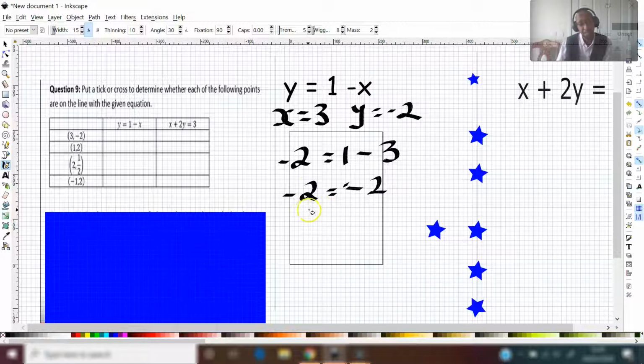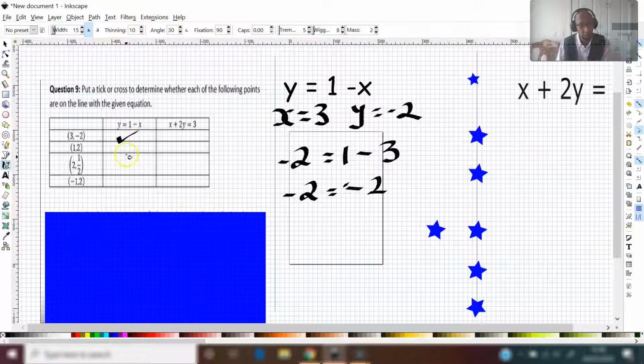So what's on the left hand side is the same as what's on the right hand side, and therefore that point is on the line y equals 1 minus x. You'll do the same for all of these.